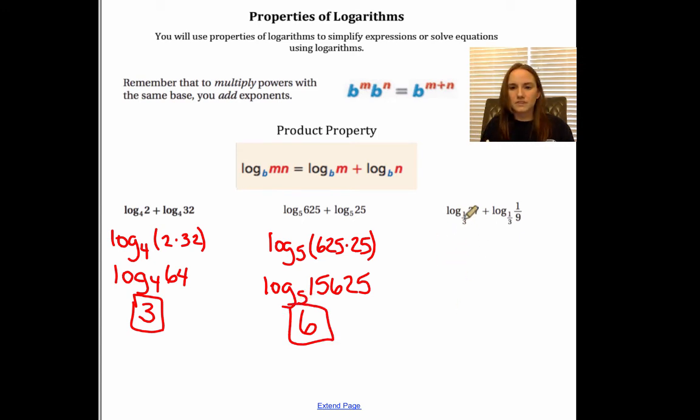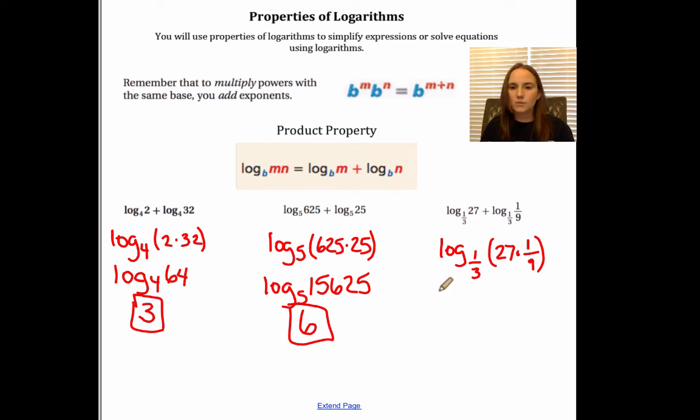Okay, look for the same base with the log, and then say, okay, well, since I'm adding, I can multiply the values for those logs there. And so we'll have one log with a base of 1/3, and then 27 times 1/9.